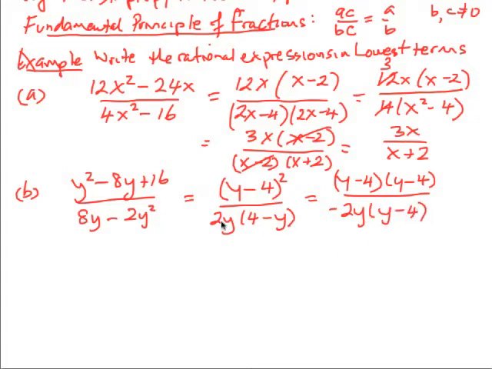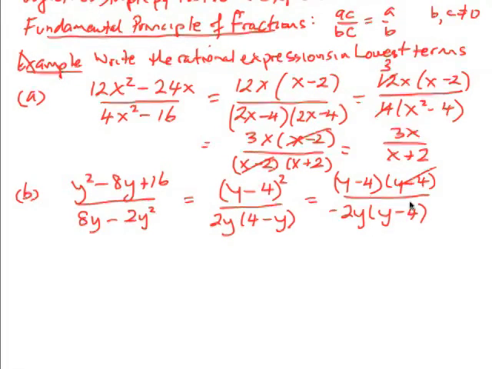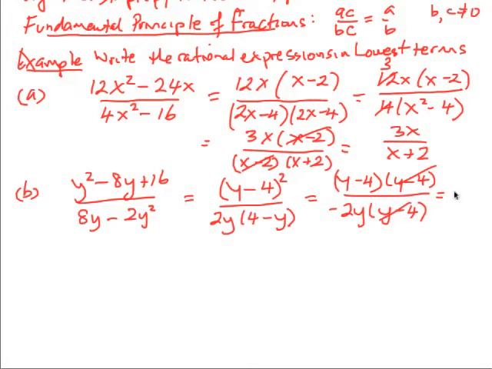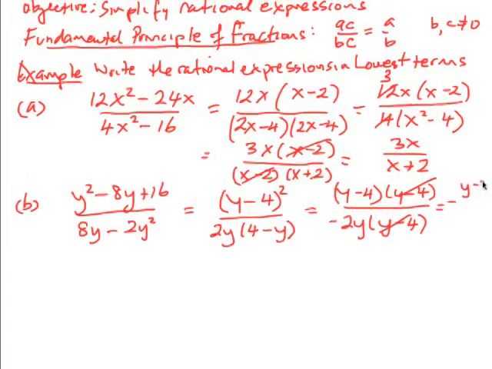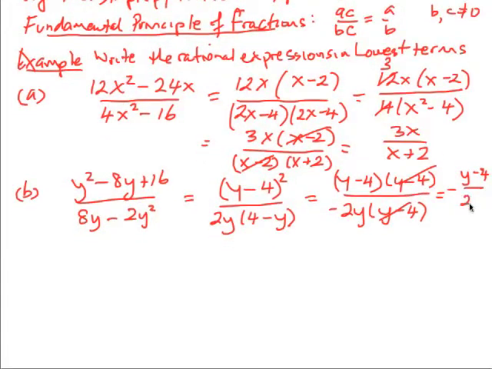Notice we have 2y by negative 2y is negative 2y squared, exactly the same as what I have here, and negative 2y by negative 4 is positive 8y. Now we have common factors here, so I'll end up with negative y take 4 over 2y. To be absolutely clear, we should write it as y take 4 in parentheses, with a negative in front, over 2y.